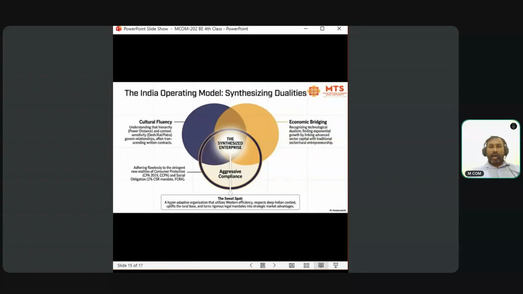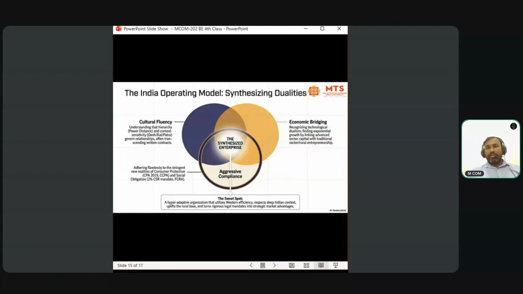Cultural fluency means understanding that hierarchy and context sensitivity govern relationships, transcending written contracts. Economic vision means recognizing technological dualism, finding exponential growth by linking advanced sector capabilities with the traditional sector, rural entrepreneurship, adhering flawlessly to the stringent new realities of consumer protection, CPA 2019 and CCPA, and social obligation, 2% CSR, mainly FCRA.